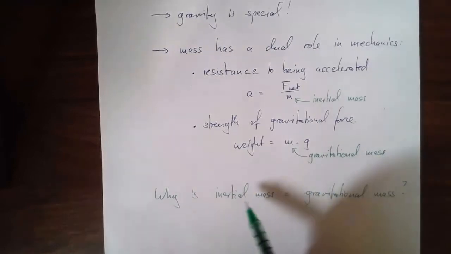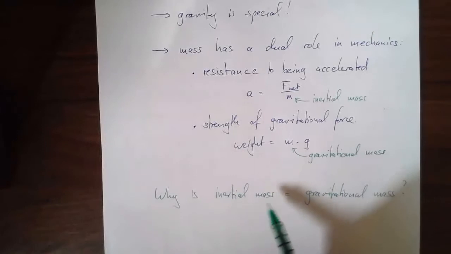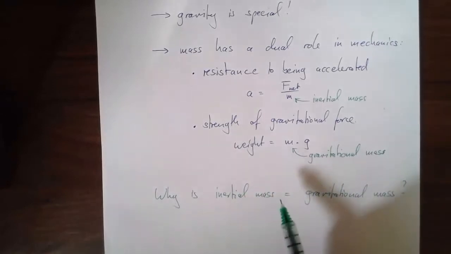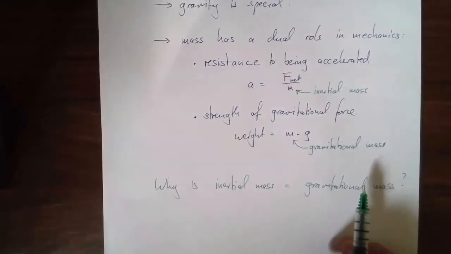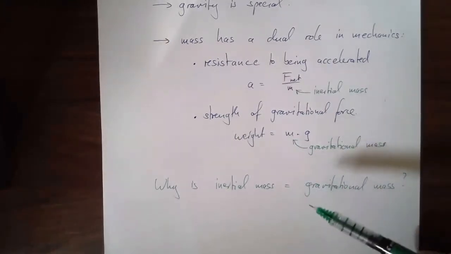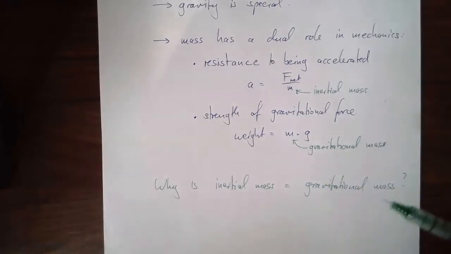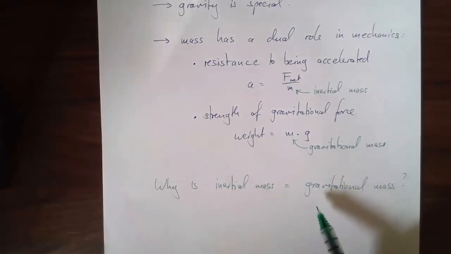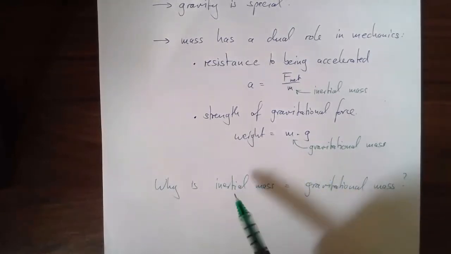And indeed, it was a mystery for over 200 years, from when Newton came up with his theory of mechanics and wrote it down in full, to the advent of general relativity, which is a more sophisticated theory of gravity that ultimately explains this.